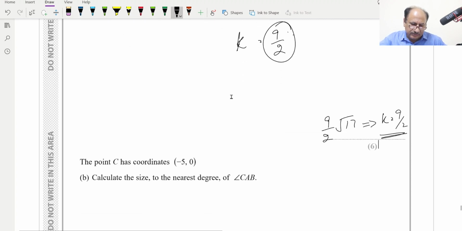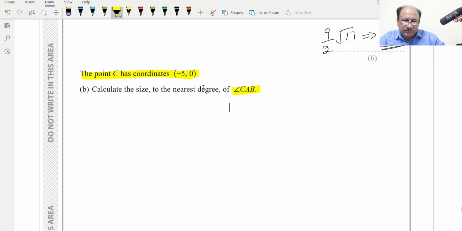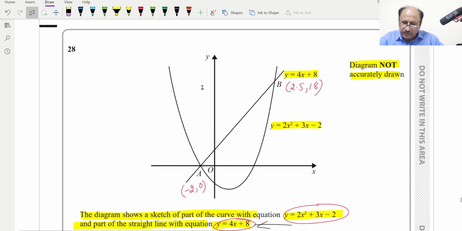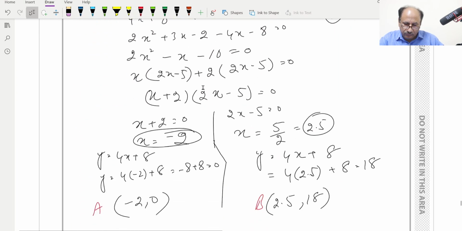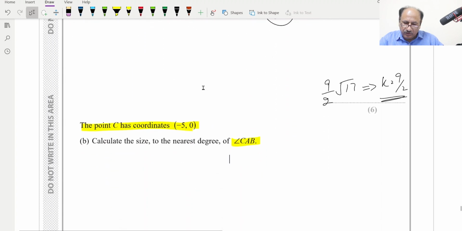So next is B part. The point C has coordinates -5 and 0. Calculate the size to the nearest degree of angle CAB. Angle CAB is which one? C we have to identify, and C point is -5 and 0.